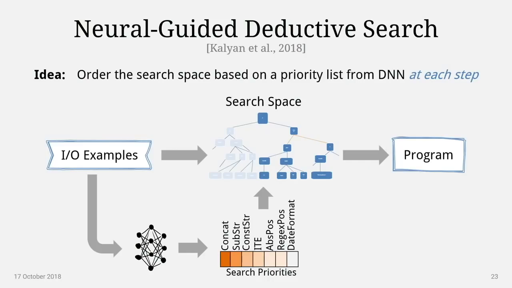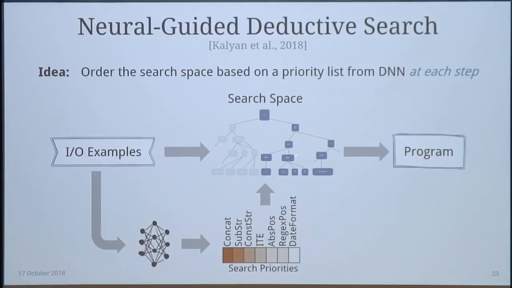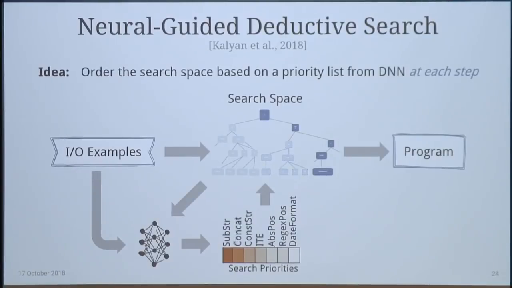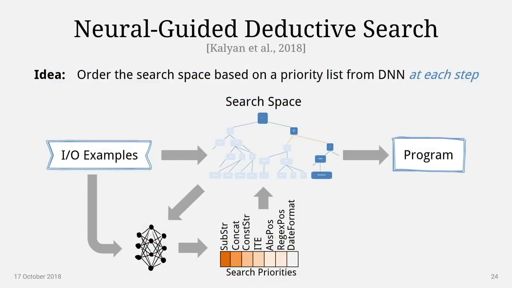If you do that at every step instead of just at the beginning, you arrive at something that we call the neural guided deductive search, where basically at every step of the way in the search, we are going to take our partial search state and feed it to a network who is going to look at it and reorder the operators and give us a different distribution over the branches at the next step. And now that allows you to cut off another part of the search. And you can keep doing it at every step of the way until you arrive at the right program.